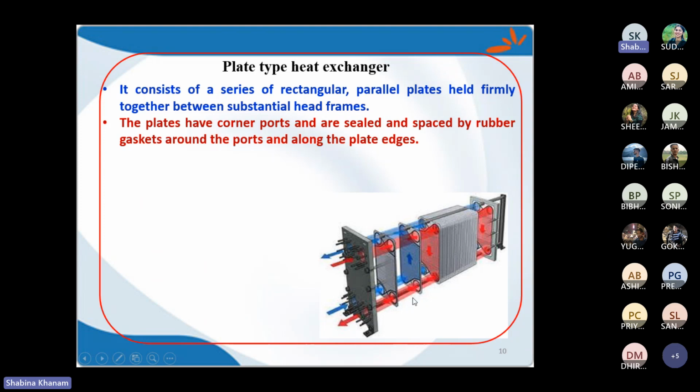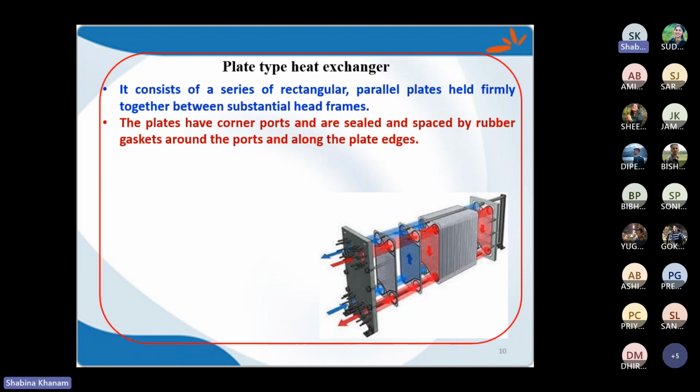So from here you can observe that when four ports are there, the two ports on one side are allocated for cold fluid, and the two ports on the other side are allocated for hot fluids.